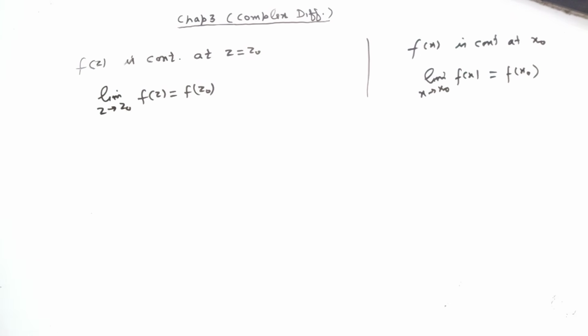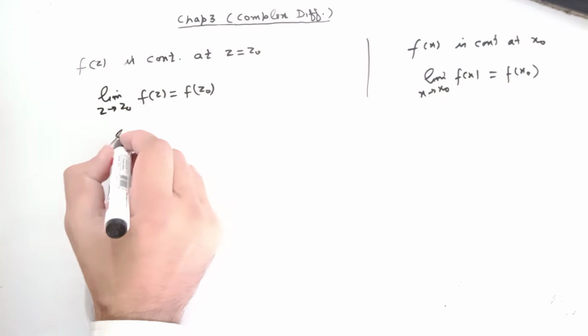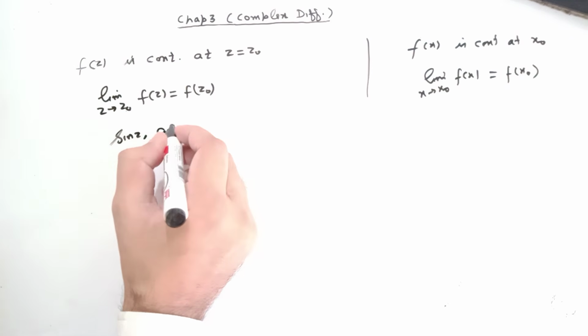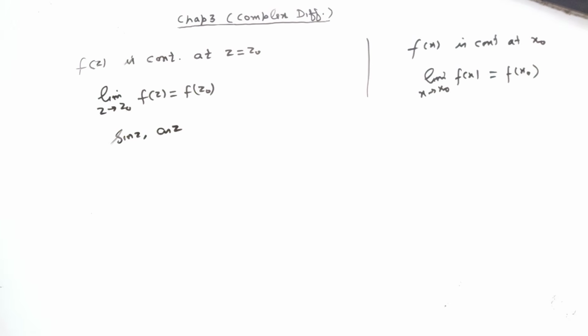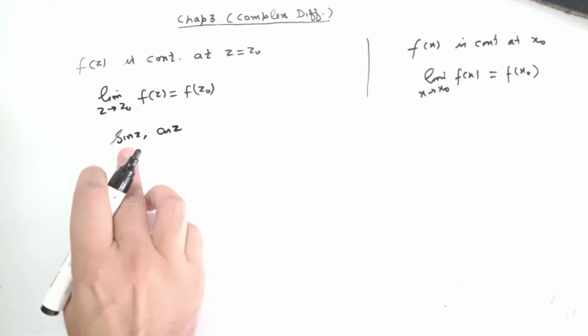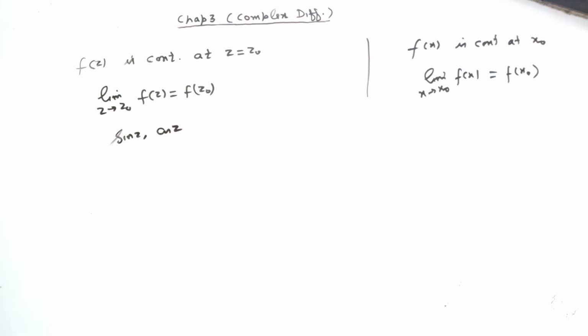If f(z) and g(z) are continuous functions at z0, then sum, difference, product, composition, division, etc. are continuous. The functions sine z, cos z, etc. are also continuous everywhere in the complex plane. Sine z, cos z, exponential z, hyperbolic functions, polynomials, all these are continuous functions because their definitions are also like the real corresponding functions.